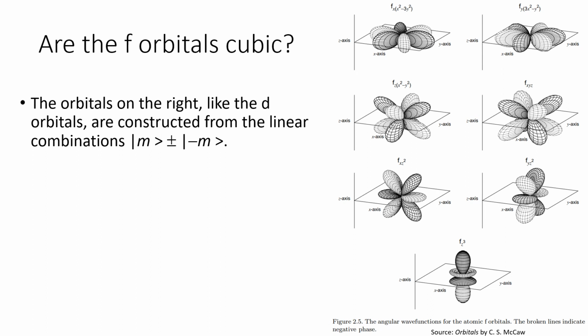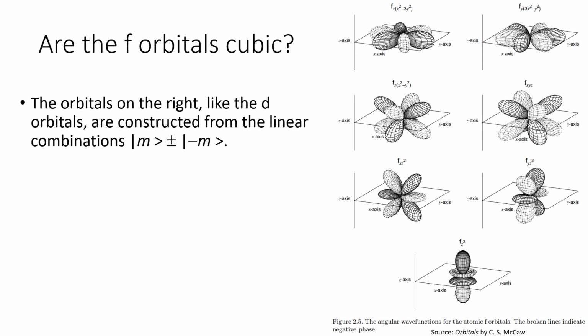Now, of course, the f orbitals are defined, as we can see up on the screen at the moment, in exactly the same way when we look at them in the spherical basis, which is to say that we take the same linear combinations, plus m and minus m, to form these pure real or pure imaginary functions that we can plot as real functions.